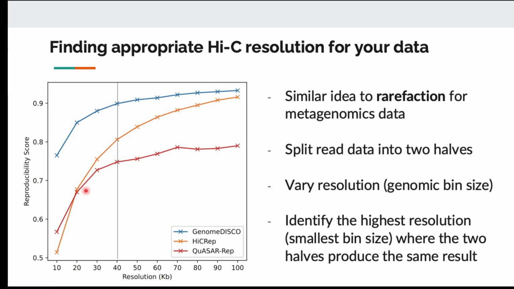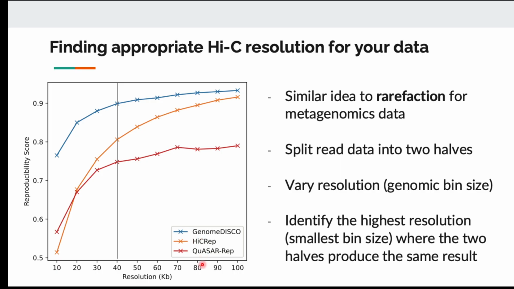For example, this graph on the y-axis shows the reproducibility between the results that you get from the two halves of your data. Higher is better. If we go to high resolution, like 10 kilobase, we found that the reproducibility is about 0.5 on the orange graph, 0.55 on the red graph, and 0.75 on the blue graph.